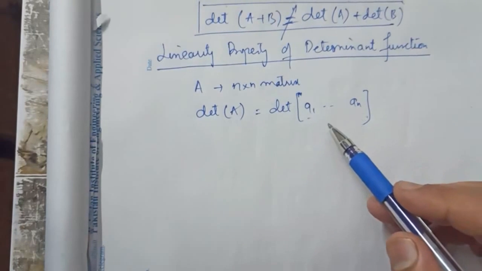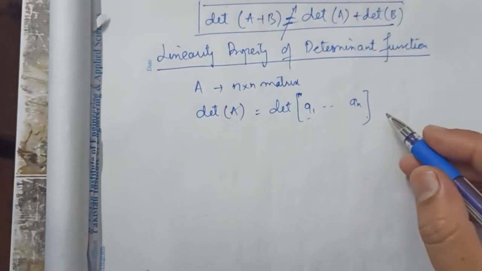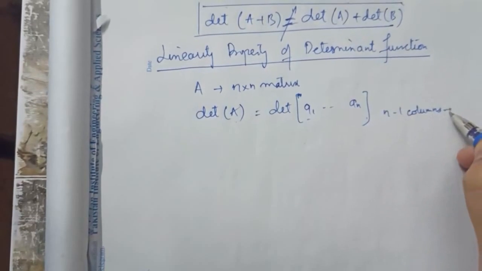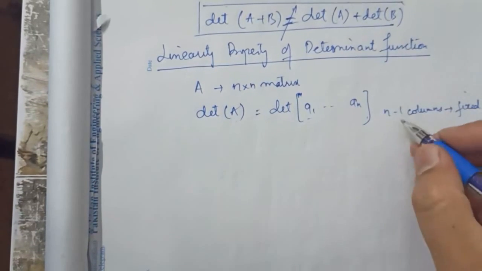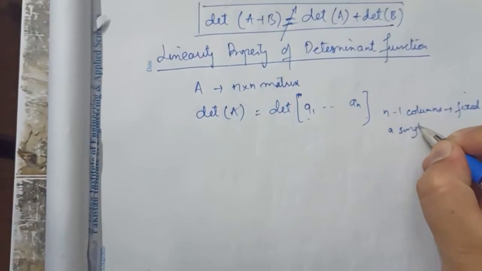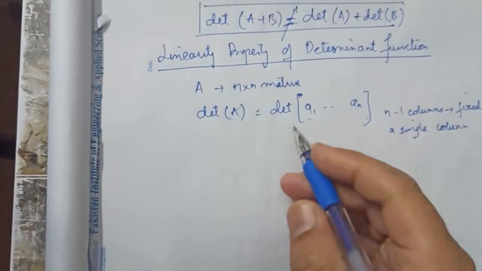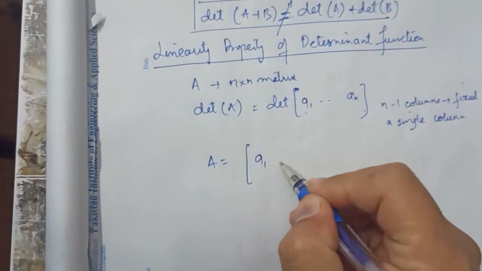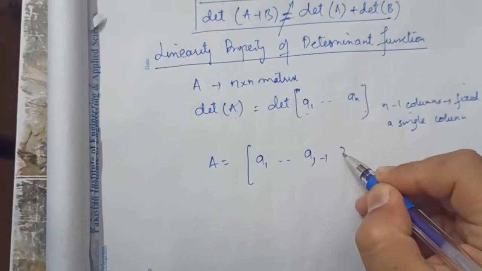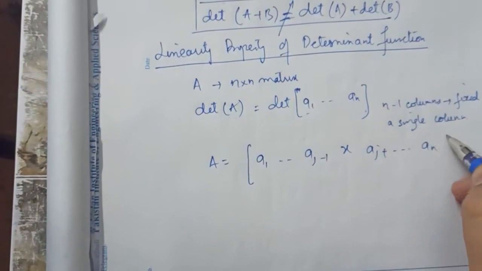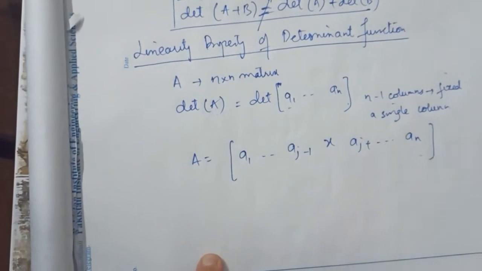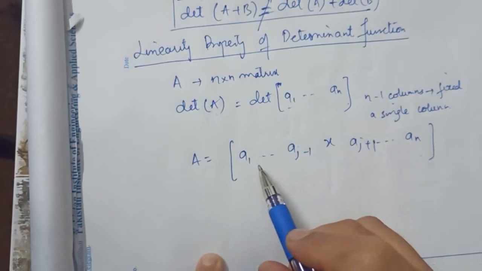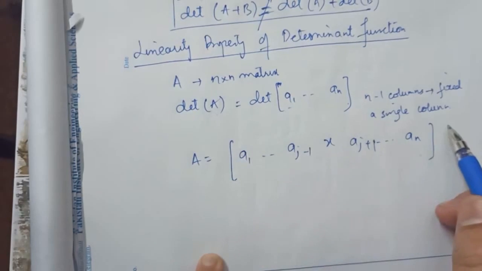But if I fix n minus 1 columns and change a single column, say I replace A with A1 up to AJ minus 1, x, and AJ plus 1 up to AN, this is n columns.